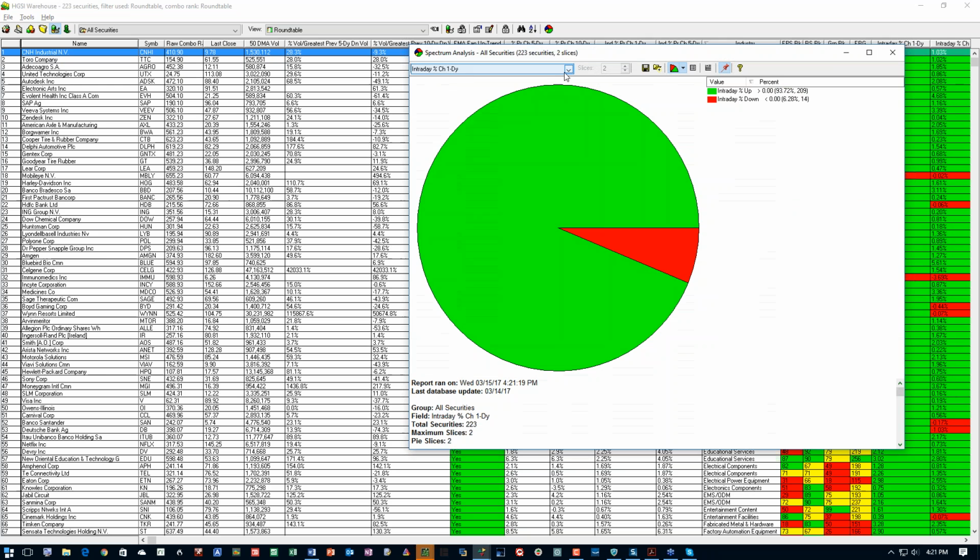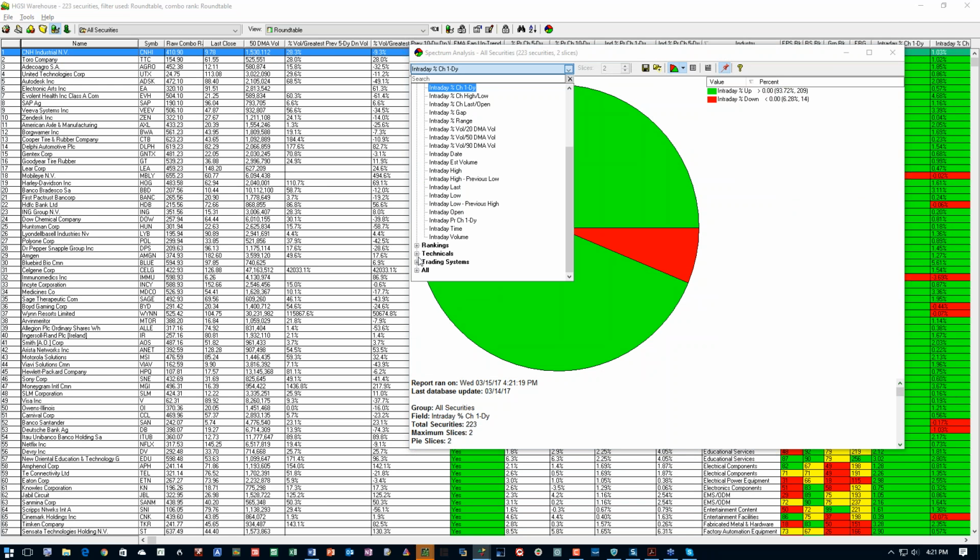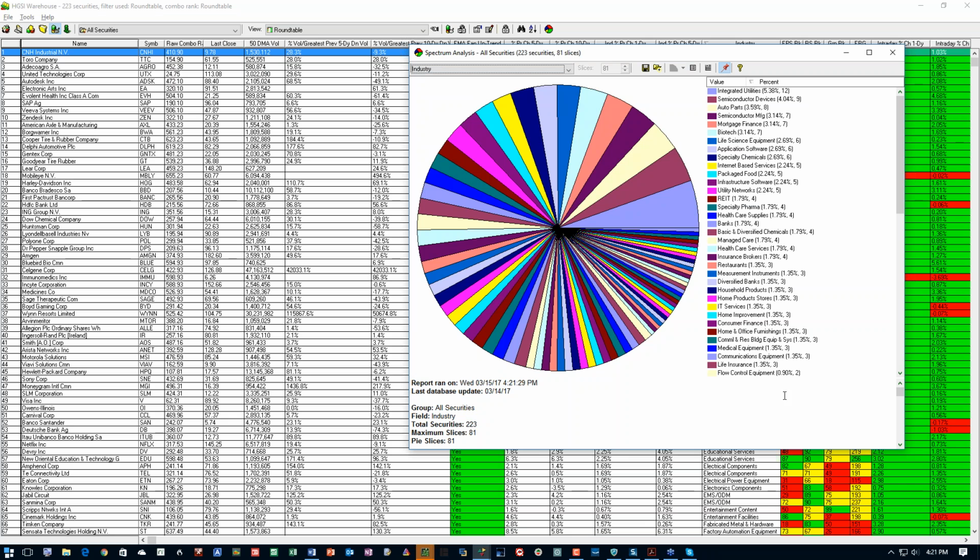Now you can also, of course, go in and use a spectrum analyzer and see which groups are the dominant groups. And it's integrated utilities. I mentioned that. We saw that when I was looking at the market analysis. They were the dominant group today.